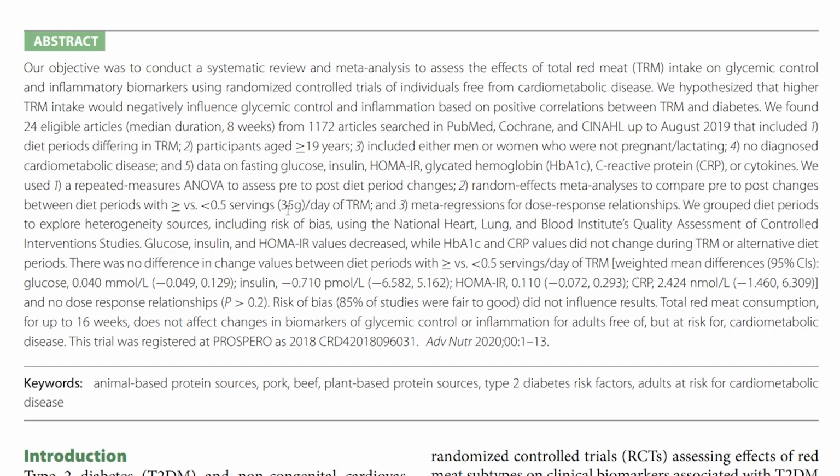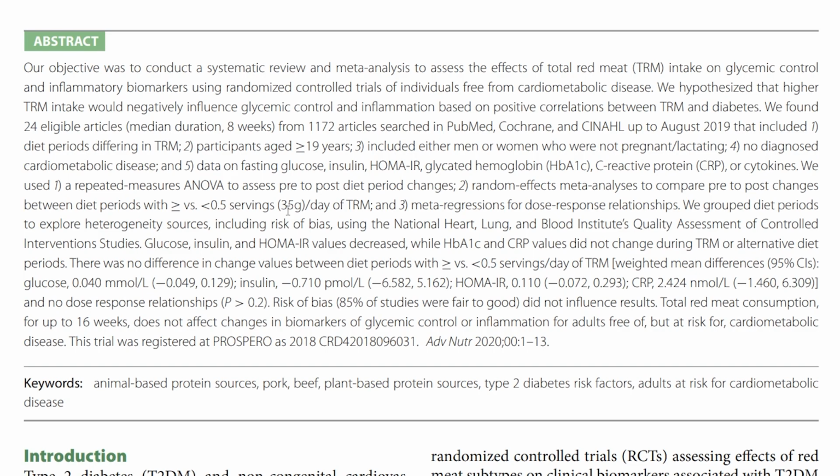Here we go. Our objective was to conduct a systematic review and meta-analysis to assess the effects of total red meat intake on glycemic control and inflammatory biomarkers using randomized controlled trials of individuals free from cardiometabolic disease. Okay, good.